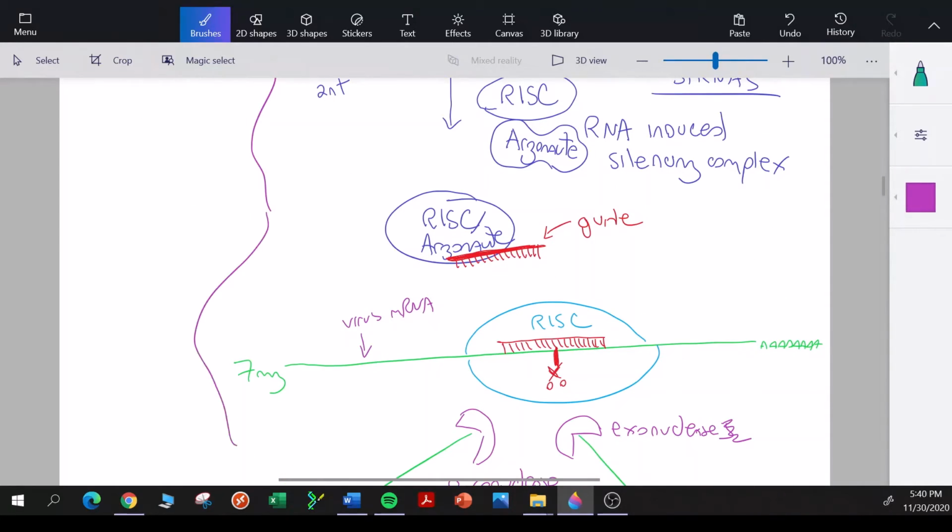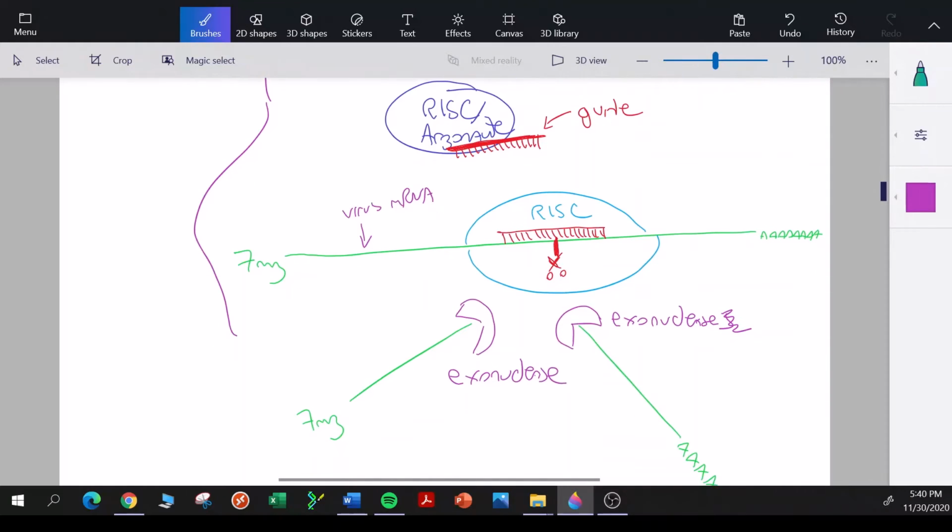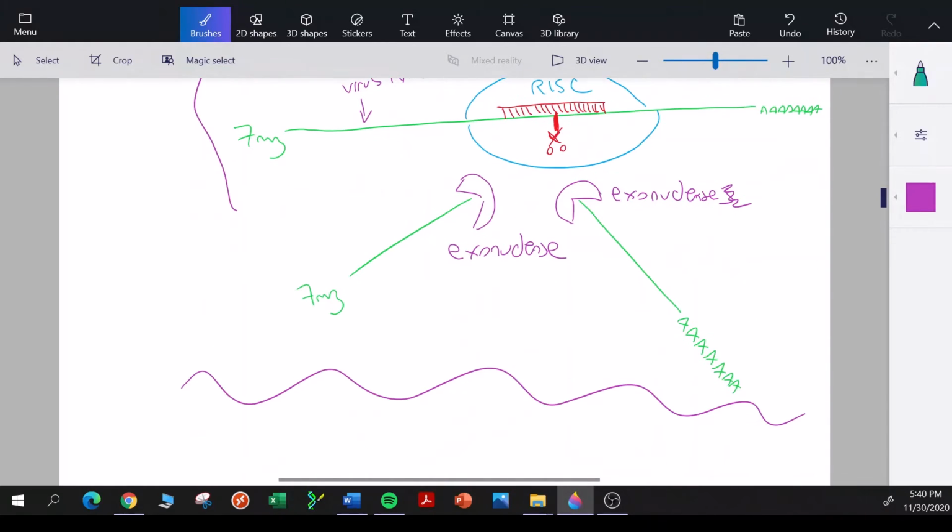So for mammalian cells, researchers have come up with another method for using double-stranded RNA-based RNA interference to silence genes, and that involves short hairpin RNA encoding genes.